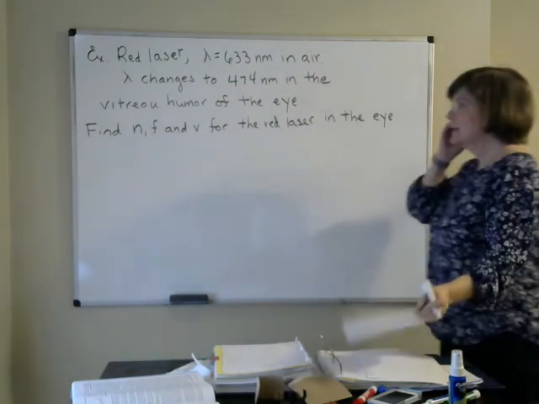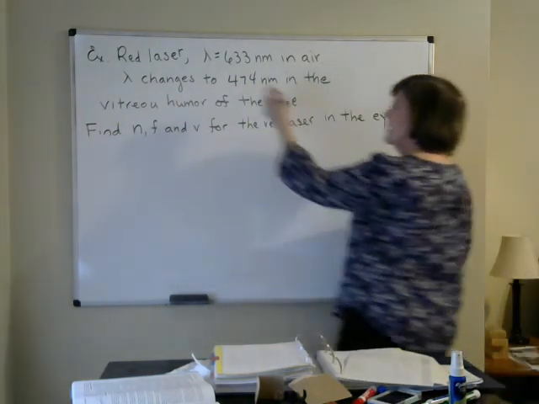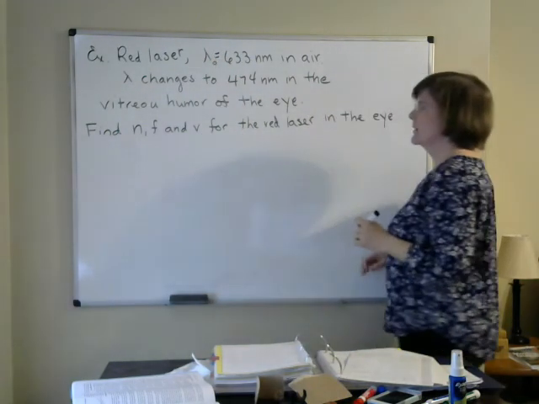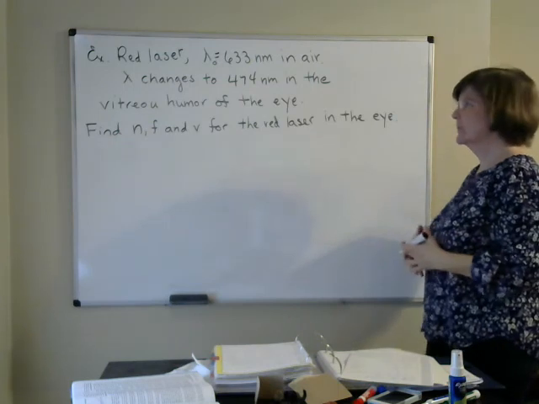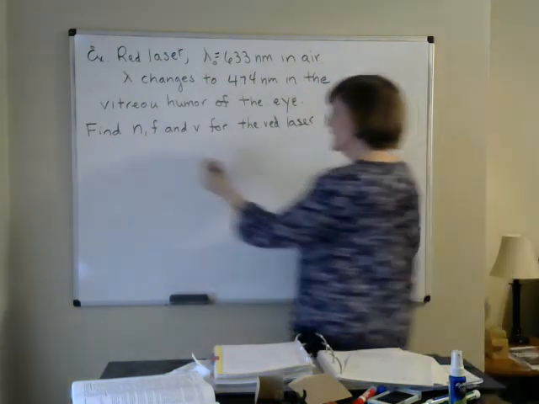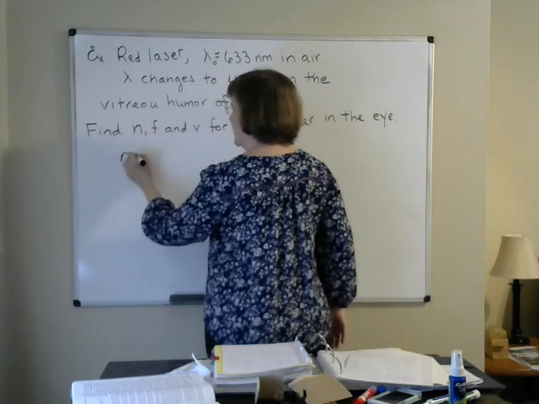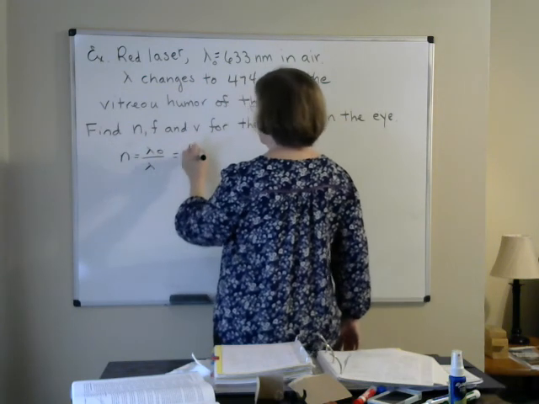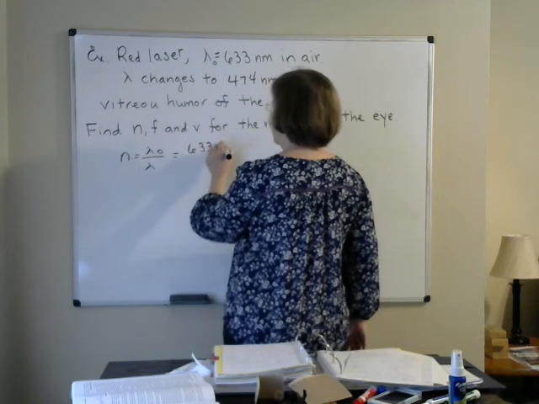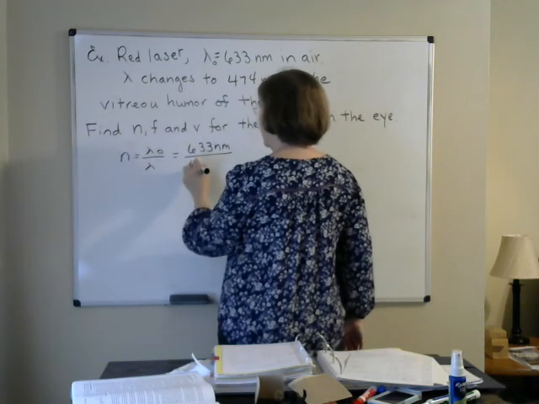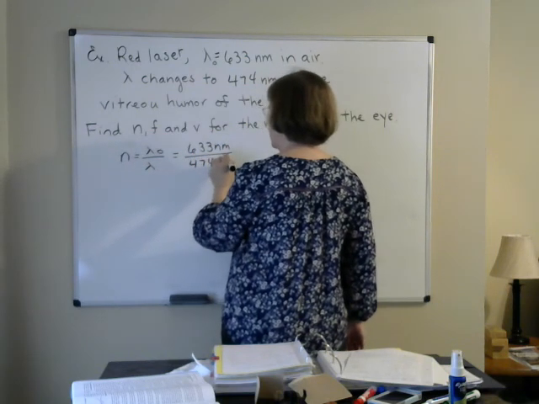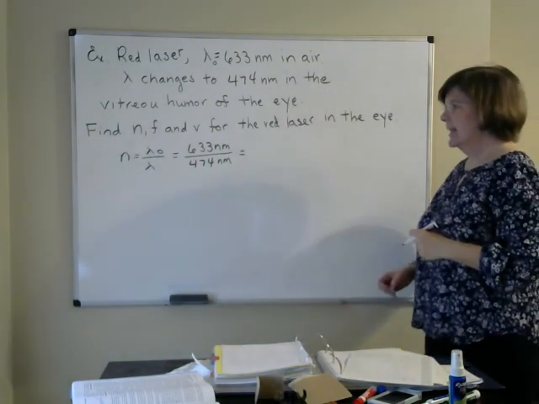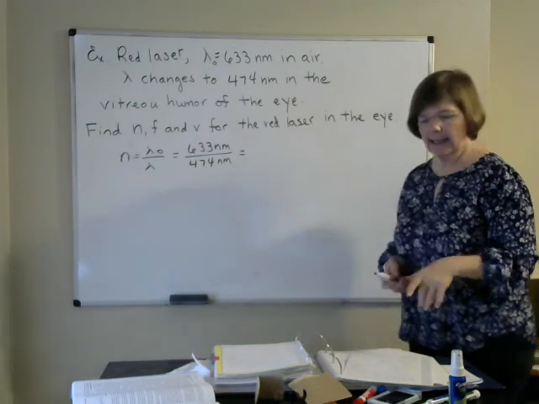Well, N is really easy. We can treat air like a vacuum, so we know the index of refraction is 1. So really, N is just lambda 0 over lambda: 633 nanometers over 474 nanometers. One of the things I didn't mention is that those units completely cancel out.